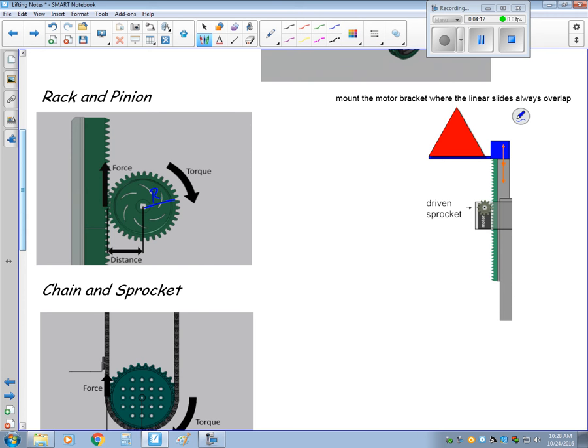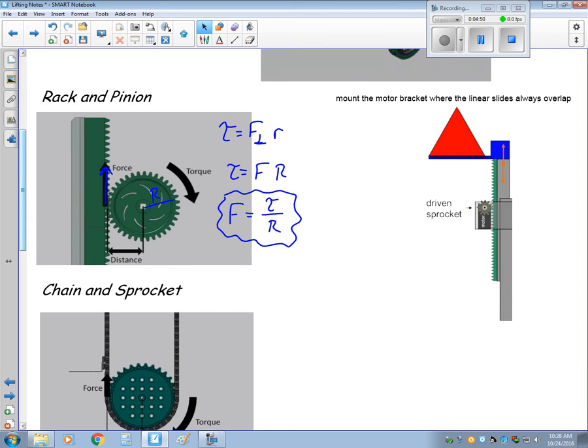So when we go to do some calculations here, torque equals a force which is perpendicular to a lever arm distance. The force will be acting on these linear gears here. So looking at this, torque equals this force times the radius of the gear. So the amount of force would equal torque divided by the radius of the gear.